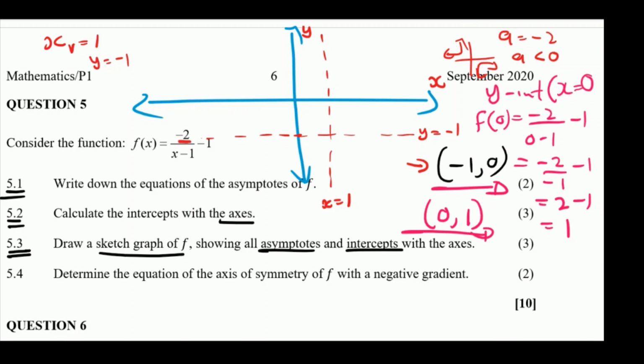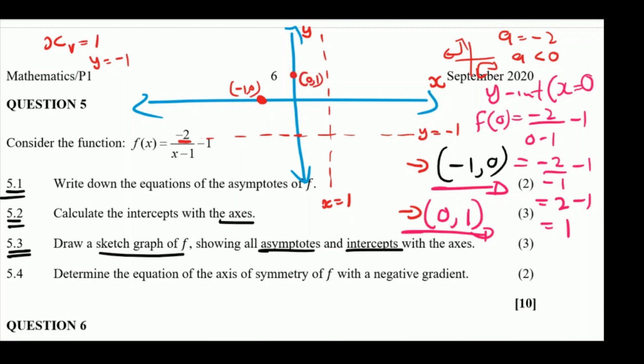This is our x-intercept, where y is 0 and x is minus 1. So let me indicate the coordinates: minus 1 and 0. Then we have this intercept where x is 0 but y is 1, which would be somewhere here.